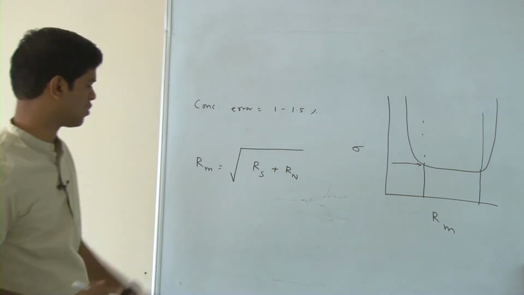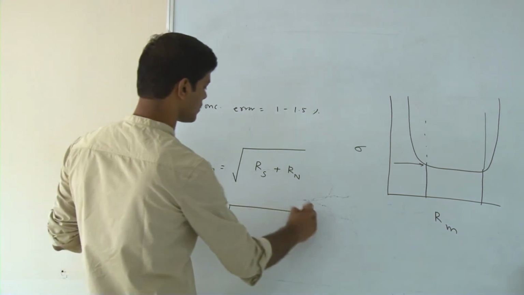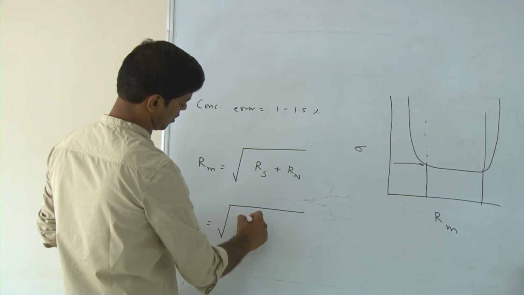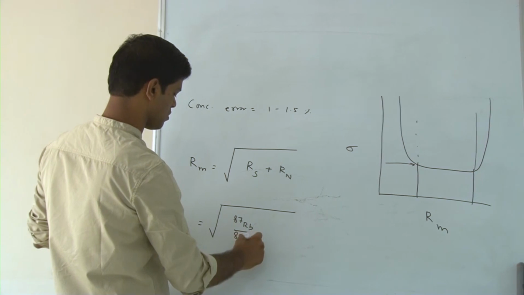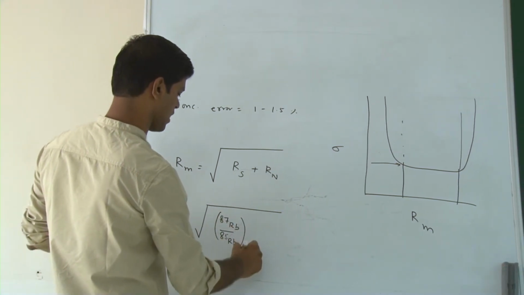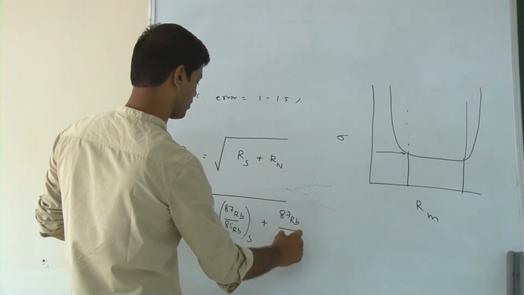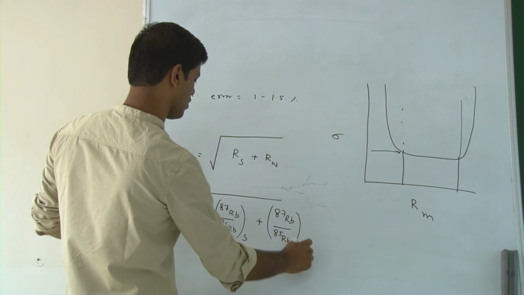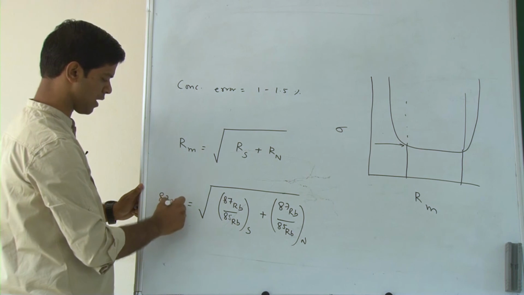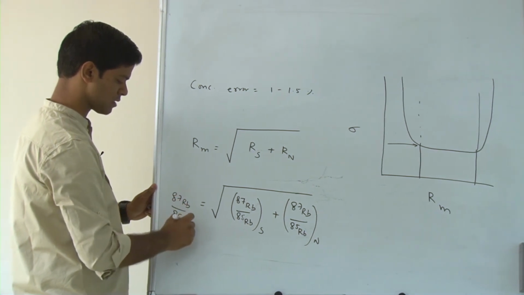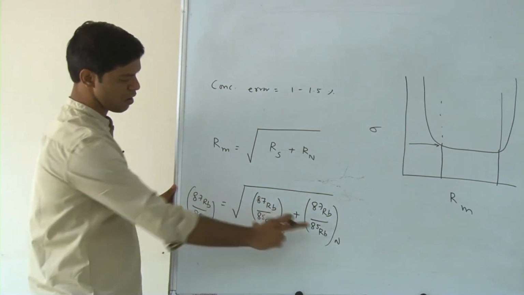So, if you are looking for rubidium, let us say, you have to take care that the 87 rubidium by 85 rubidium in the spike, multiplied by 87 rubidium by 85 rubidium in your sample, and the square root should be the 87 rubidium by 85 rubidium in the mixture. So, you should target to have a mixture ratio around this number.